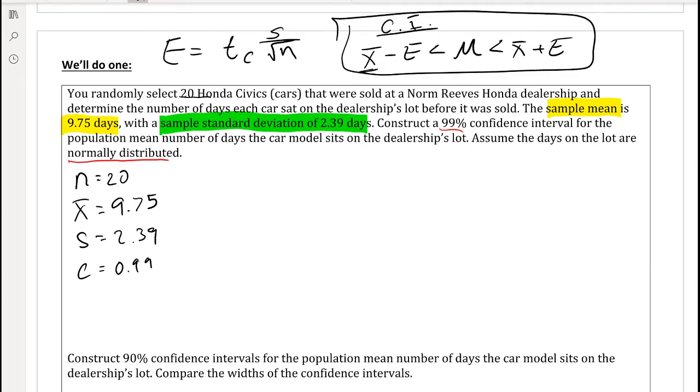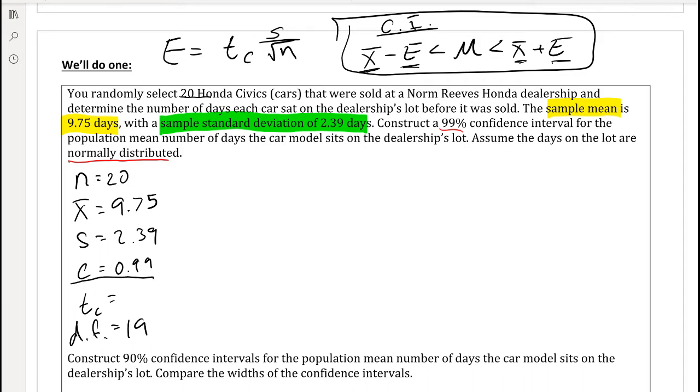We have our x bar, the mean of our sample, and we just need to find our margin of error. For the margin of error, we need a T critical, which comes from that chart, the T distribution. With a sample size of 20, the degrees of freedom is the sample size minus 1, so that's 19, and our confidence level is 99%.